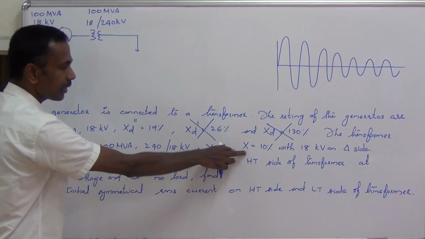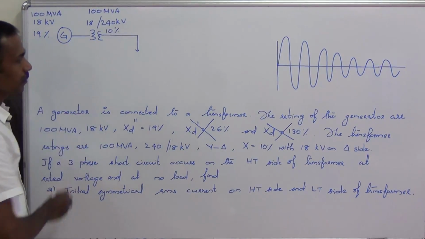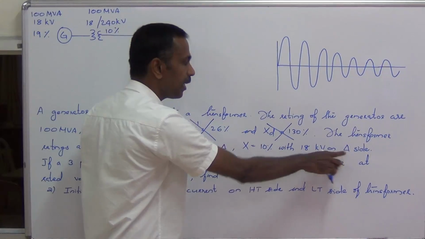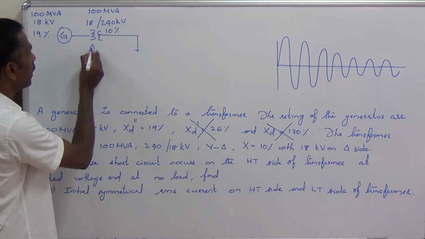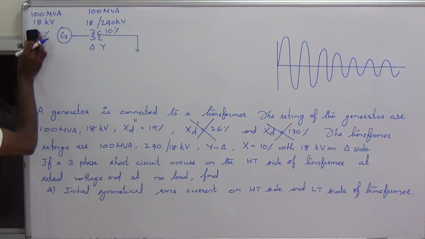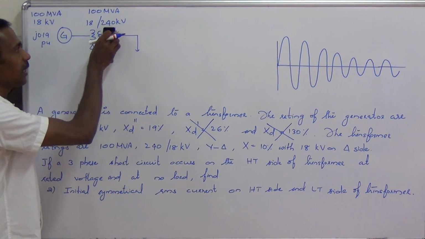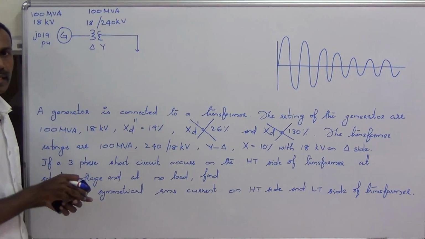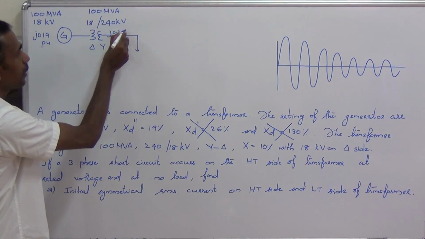Its reactance is 10%. The delta is on the 18 kilovolt side. So this is a delta-star transformer. This 19% reactance is the same as j0.19 per unit. This 10% reactance is the same as j0.1 per unit.